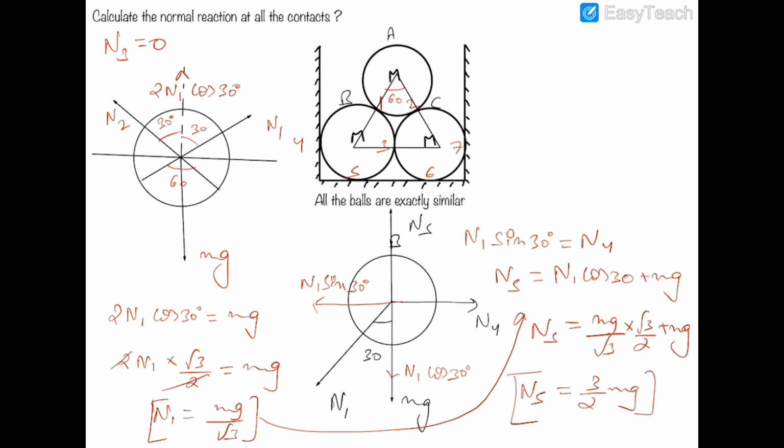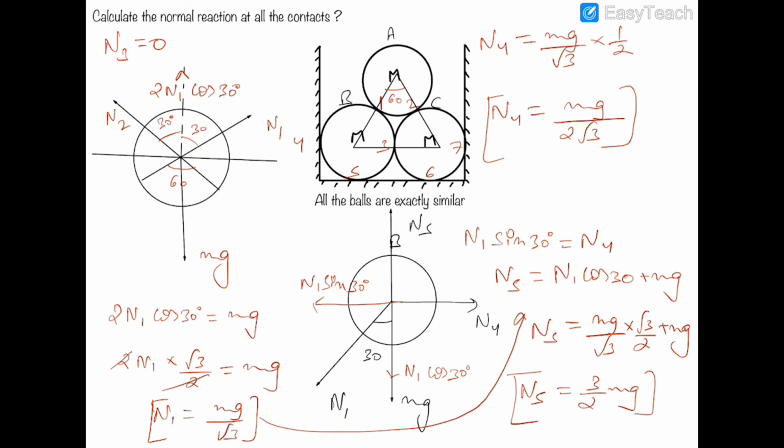Okay, now N5 is 3 by 2 mg. And now N4 will be equal to N1 sin 30. So N1 is mg by root 3 and sin 30 is 1 by 2. So N4 will be equal to mg by 2 root 3.